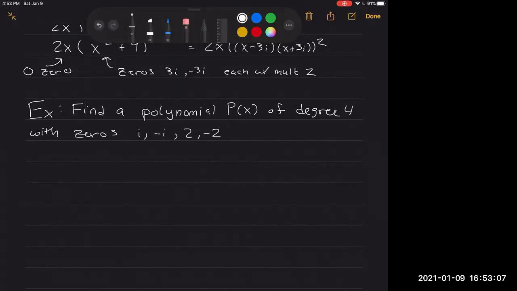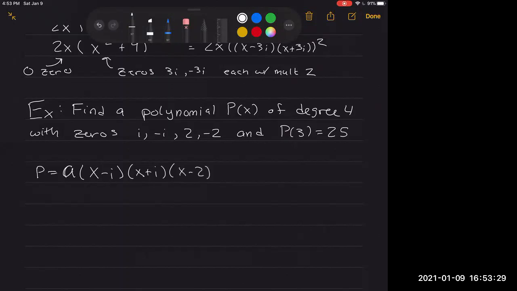So now we're going to construct a polynomial that has these zeros and that when you put in 3, you get 25 out. So P is going to equal A times (x minus i)(x plus i)(x minus 2)(x plus 2).